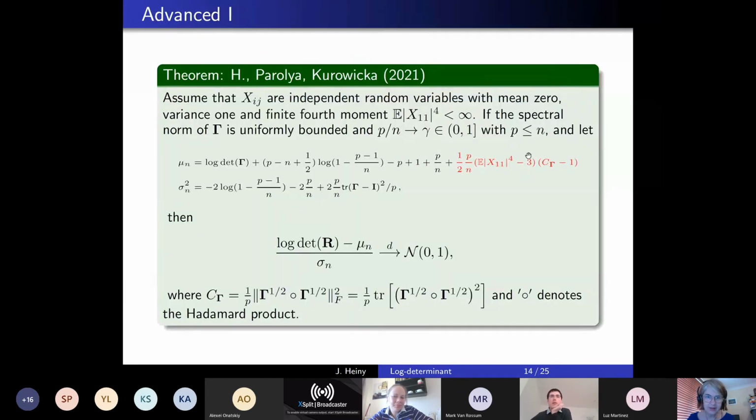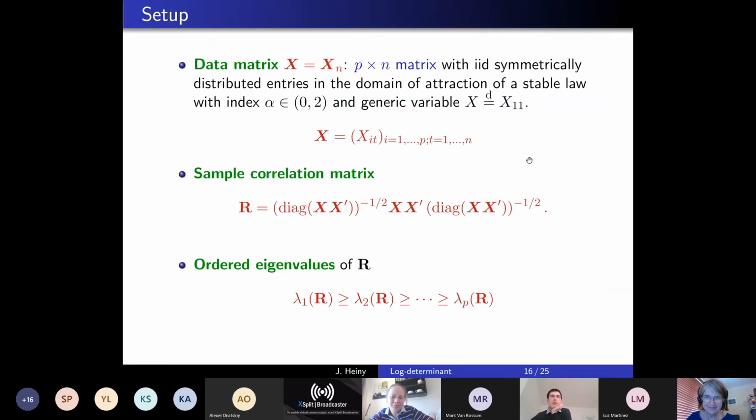Okay, yes. But let me maybe go on because I still want to get to this other interesting topic that I find very fascinating. For this, I start again with my data matrix, which is p times n, with IID symmetrically distributed entries in the domain of attraction of a stable law with index alpha in (0,2).